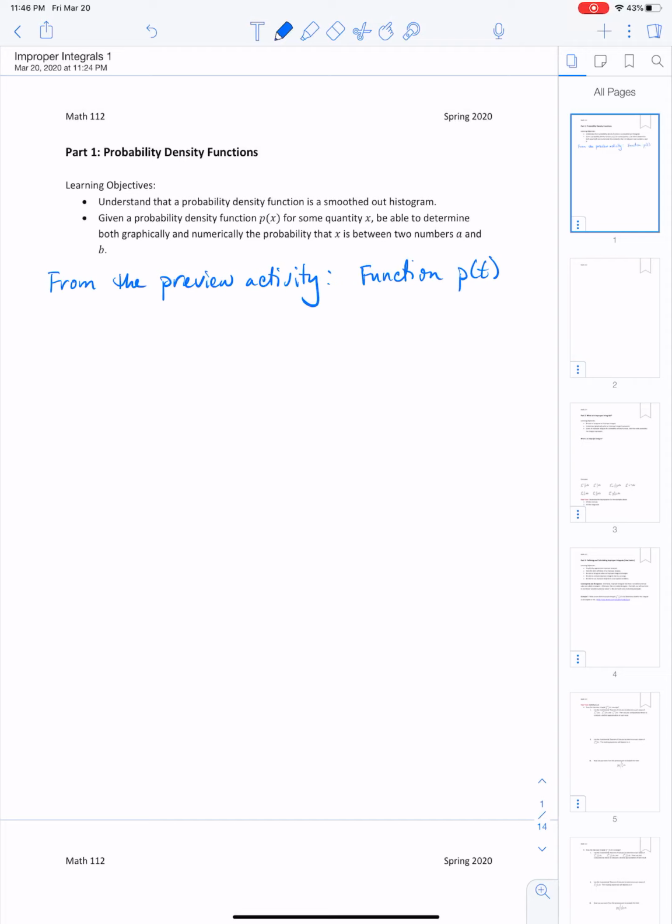Okay, so from the preview activity, you'll recall that you were investigating a function p of t, which described a set of light bulbs, and in particular described how long those light bulbs lasted.